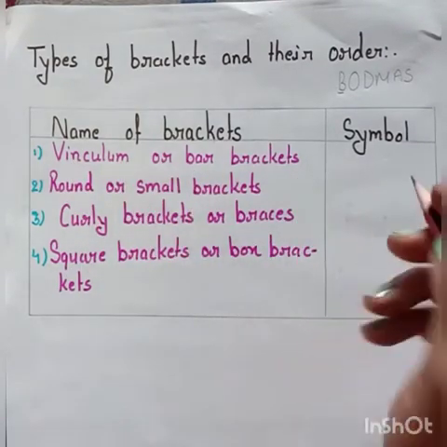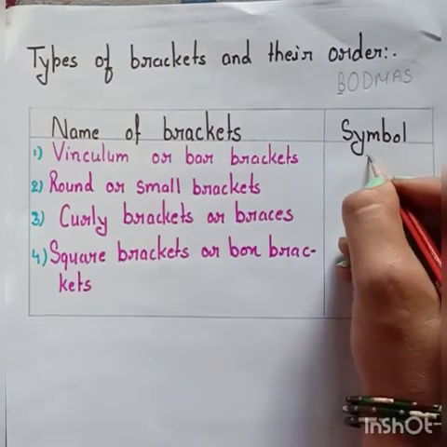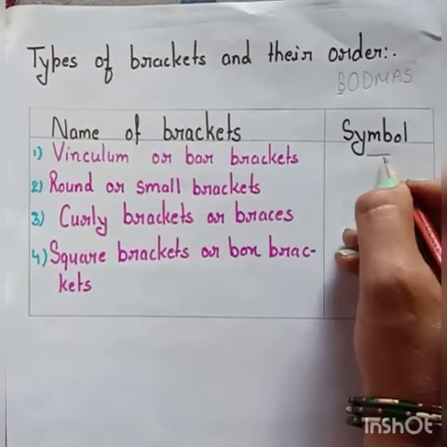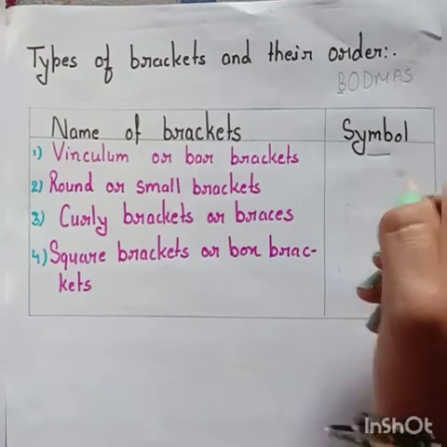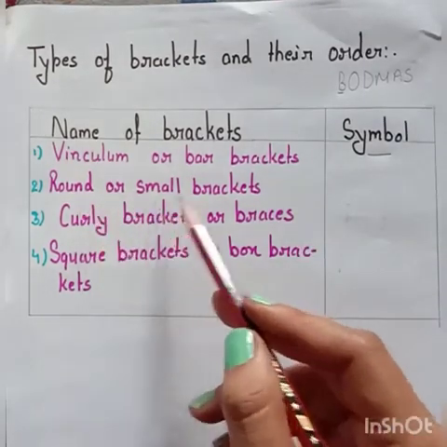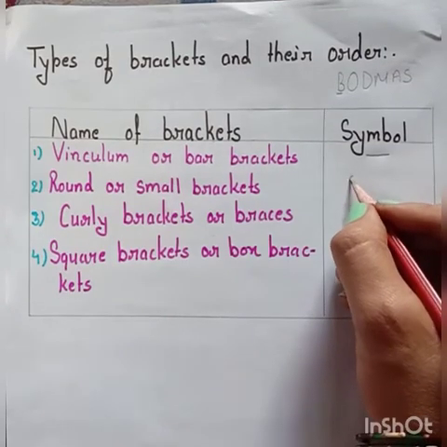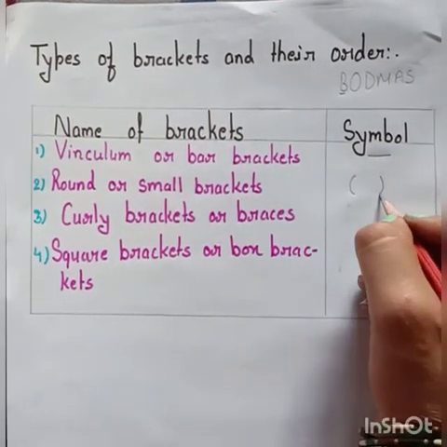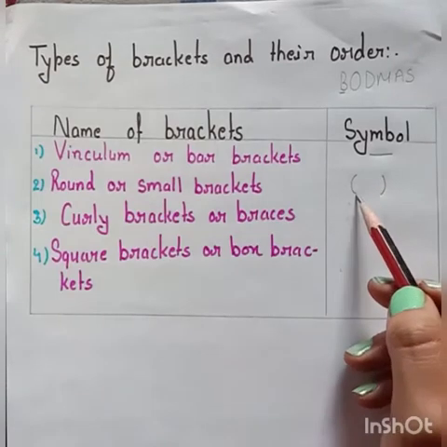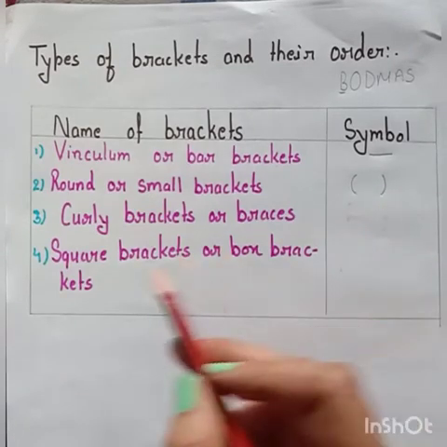This is the first bracket, and its symbol is a small horizontal line. Second is the round or small bracket, and it is represented like this. This is called your small bracket or round bracket.